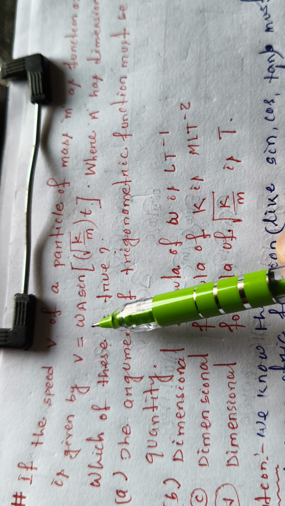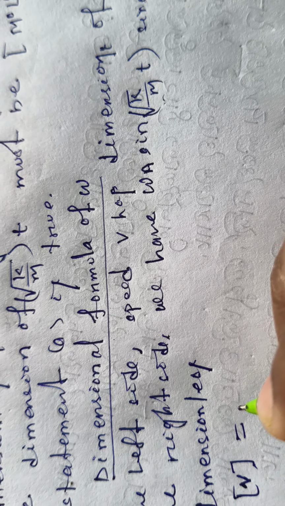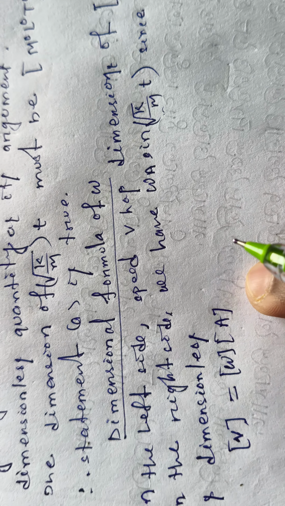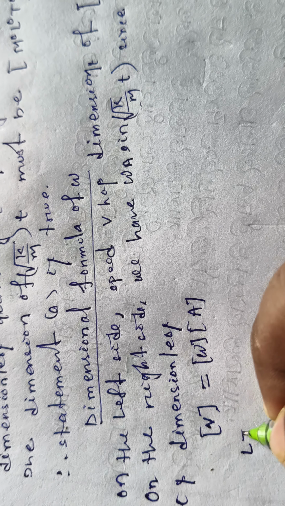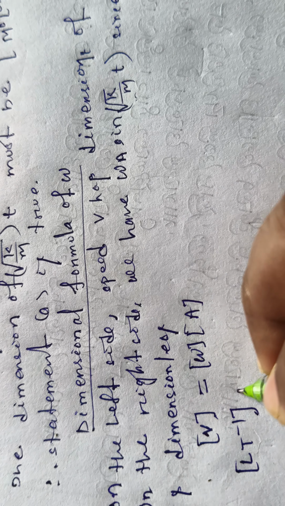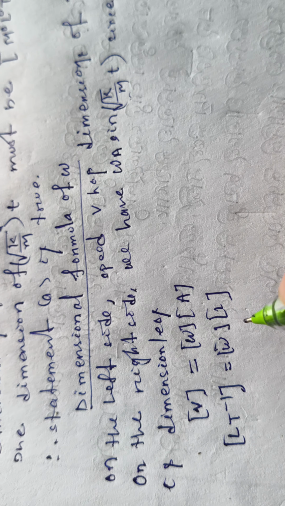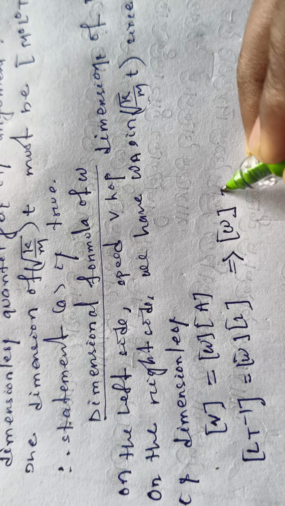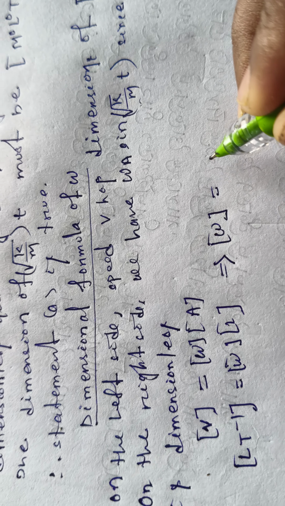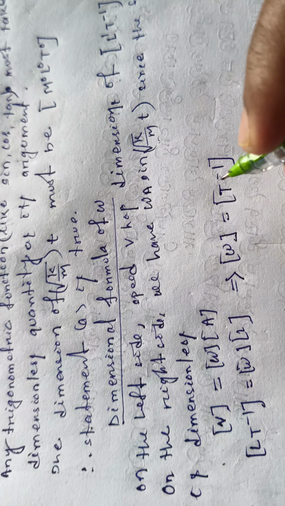Now we have to calculate the dimension of omega and a. The dimension of omega into the dimension of a, but a has the dimension of length. The dimension of velocity is L T inverse, so we have to calculate omega, and L is length. So the dimension of omega is equal to T inverse.